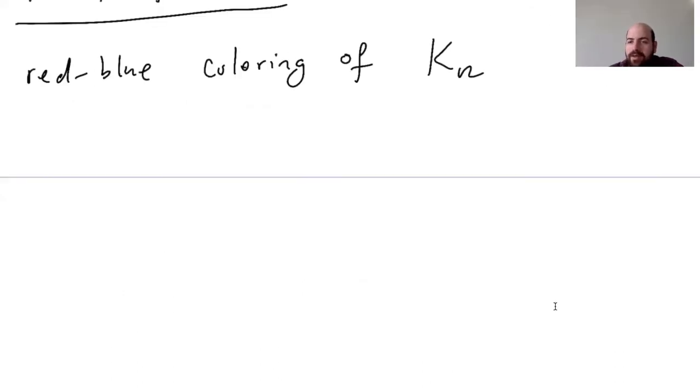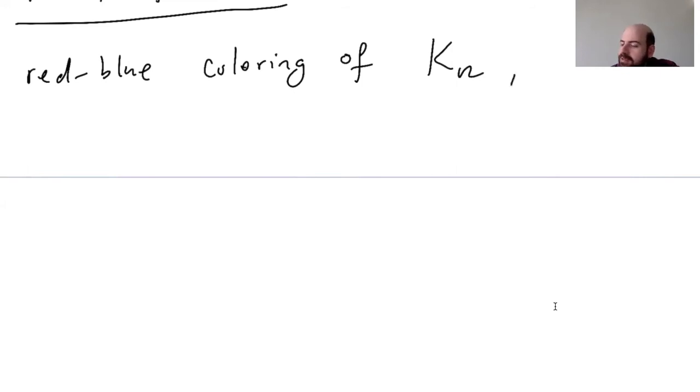Okay, so if you remember the remark that we just said above, in order to show that capital R of k and k is bigger than n, it's enough to show that Kn has a good coloring. So good coloring means a red-blue coloring that has no monochromatic Kr in it.